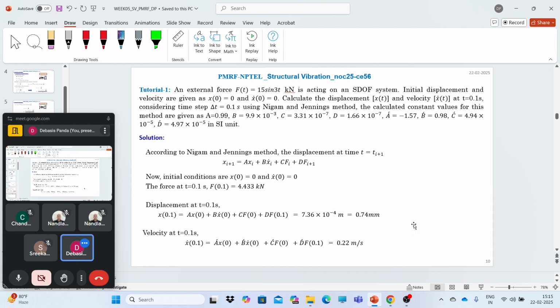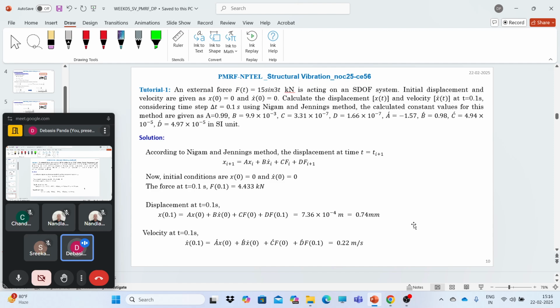For this example, an external force Ft, given as 15 sin 3t kilonewton, is acting on an SDF system. Initial displacement and initial velocity are given.